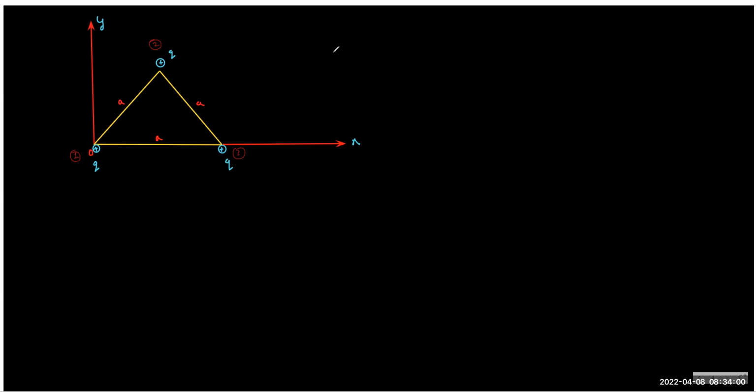So the question is, what is the force experienced by the first charge? And the answer is simple. The first will experience force due to 2 as well as due to 3, right? Yes. So 2 and 3 will apply force on 1.